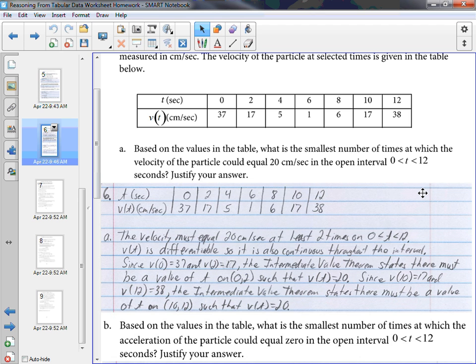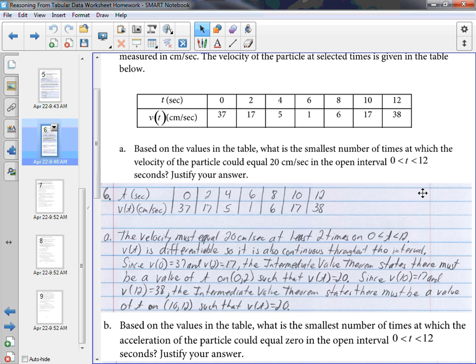Since v of 0 is 37 and v of 2 is 17, and if you remember the name of the theorem, use it, but if you don't, then don't say the wrong one. The intermediate value theorem states there must be a value of t between 0 and 2 such that the velocity equals every single solitary number between 37 and 17. 20 is the one we want.